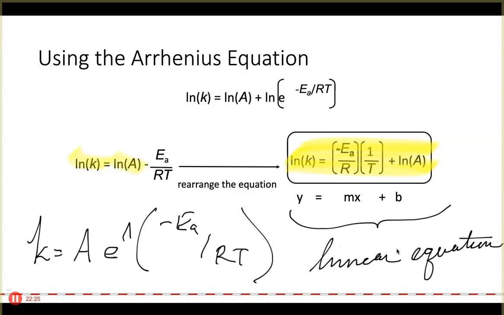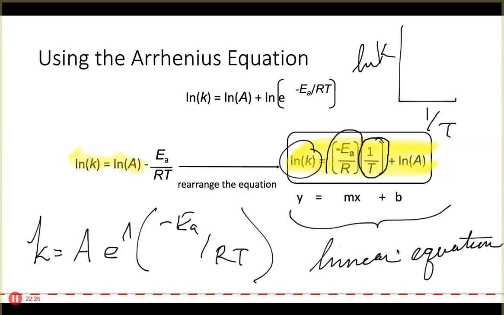Our y is equal to the natural log of k. So even without seeing any graph yet, we already know y is going to be ln of k. My x, I'm seeing here, I can do 1 over absolute temperature. My slope m, I can see, is going to be negative Ea over R. So there's my negative slope.